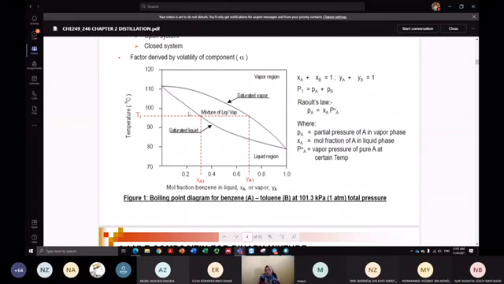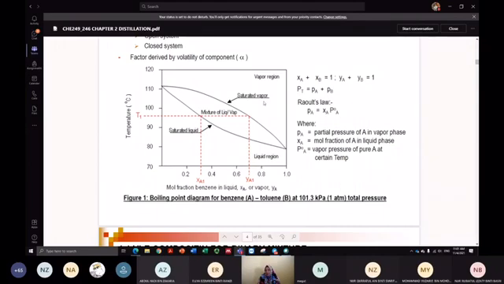Sometimes they say the feed is at boiling point. If the feed is at boiling point, then you should know where that situation is. Is it saturated vapor or saturated liquid? Try to figure that out.